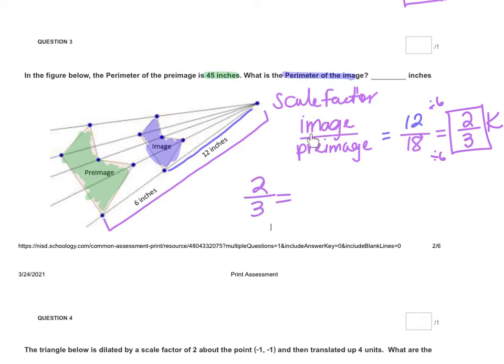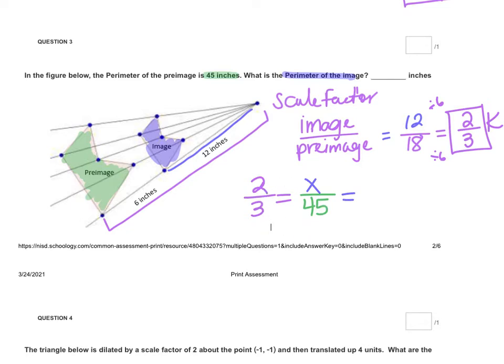Right, now that we have our scale factor, we can say our scale factor, 2/3, equals, again, this ratio of our image to our pre-image in relation to the perimeters. So I'm going to take the perimeter of my pre-image, which is 45, and the perimeter of my image, which I'm actually solving for, and set up this proportion.